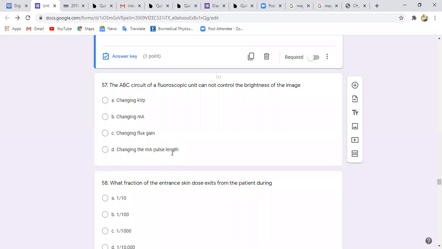With a pulse sequence, we are trying to break the time up into smaller bits so that we can use whatever time we want. Of course, it is used so much in fluoroscopy.